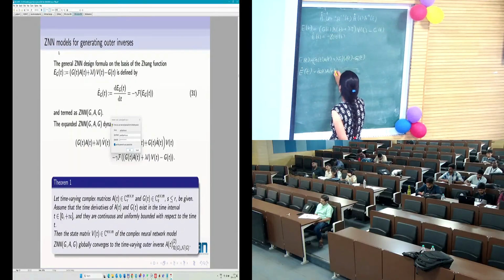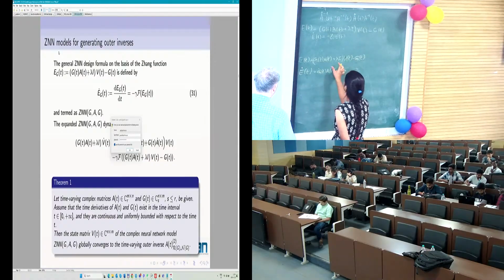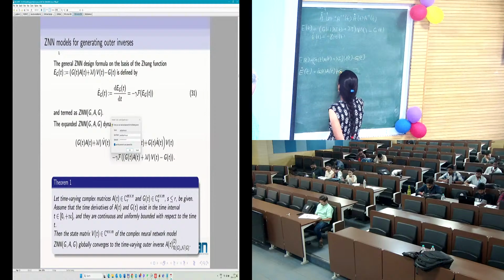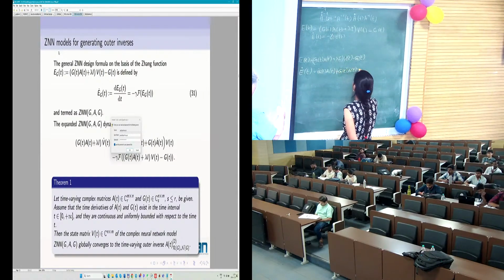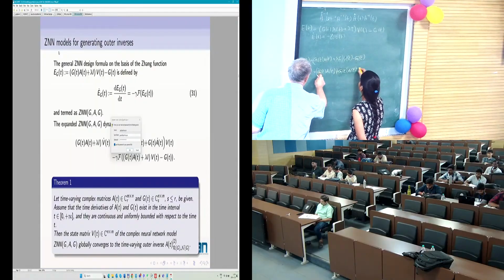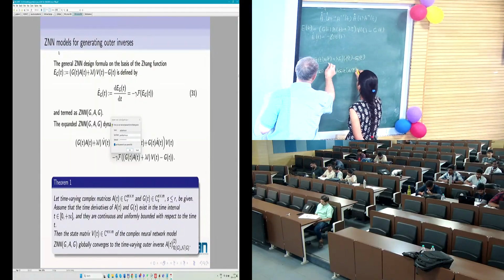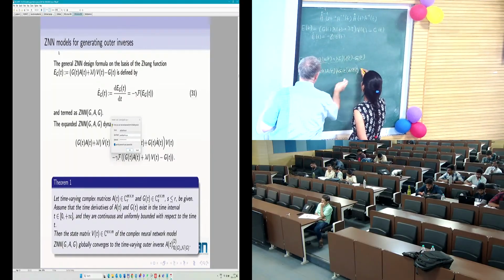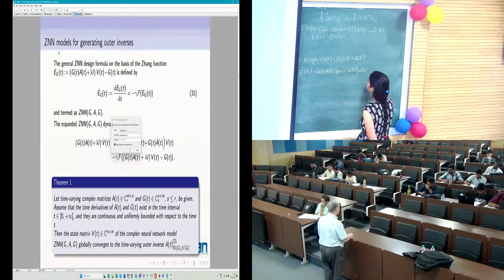Okay, we can continue with G A dot, and then no lambda, the derivative of lambda is 0, no lambda. The matrix is a constant value.